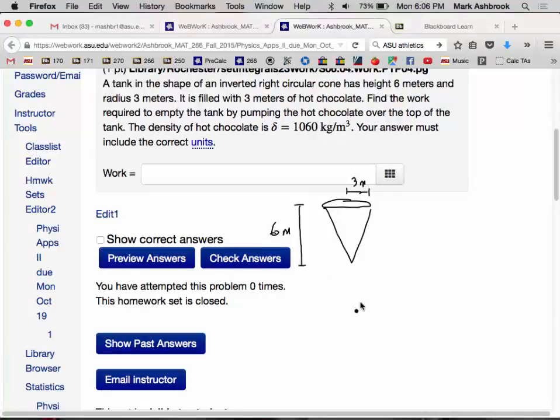Okay, and it's got hot chocolate, 1060 kilograms per meter cubed, it's all full, and we want the work to get it all out.